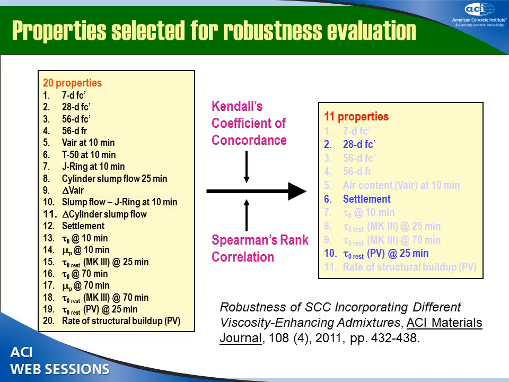Of course, the slump flow is there as well, because that's the first target. Those tests will give you a good indication of the robustness that your chemical admixtures are providing for you. If you'd like to get more information on this study and all of the data, it was published in 2011, ACI Materials Journal, volume 108.